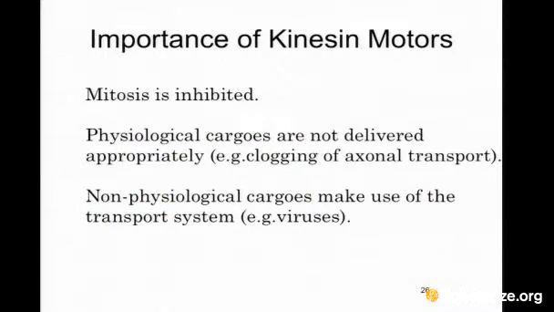So just to make a few remarks about the kinesin motors. They're very important. If they don't work, mitosis is inhibited because kinesins carry things backwards and forwards. Obviously, axonal transport, and kinesin was first discovered in the giant axon of the squid, so the vesicles can't get to where they're supposed to.